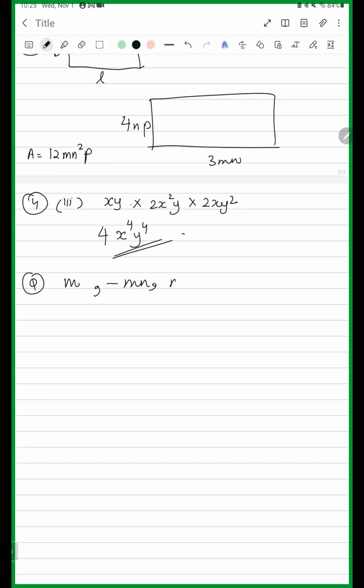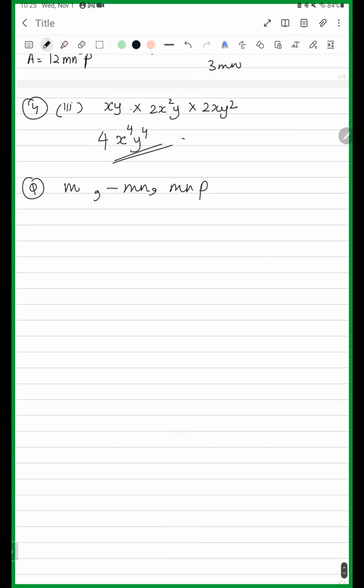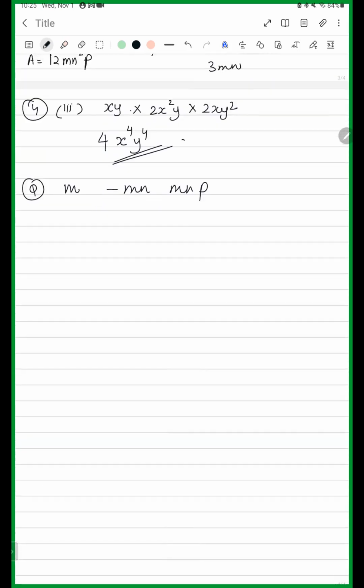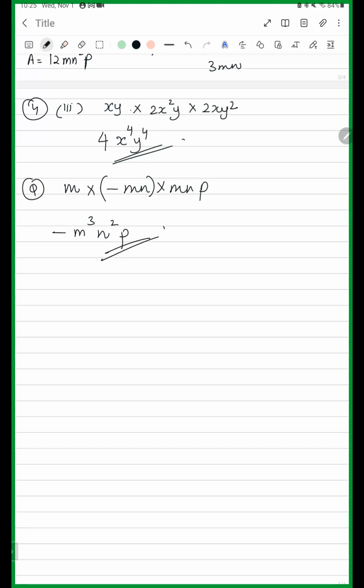You tell me how to do this. You have to just multiply each of these. Minus m raised to the power 3, very good, then n square and p. That's it. You only told me the answer. I didn't have to tell you anything. Got it? Doubt is cleared.